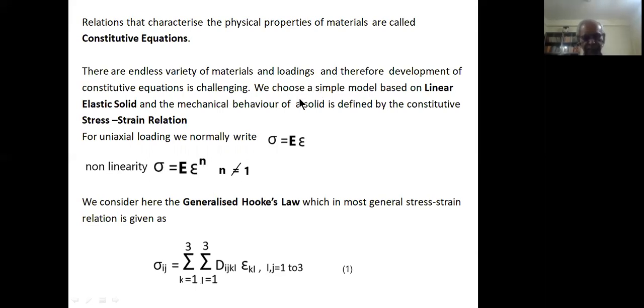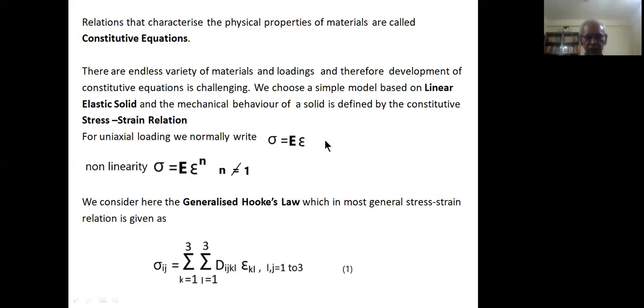To make it easy, in this course, or in many simpler analyses, we usually choose a model based on a linear elastic solid. The mechanical behavior of the solid is defined by the constitutive stress-strain relation. These are the important things in solid mechanics: the stress-strain relation and the linear elastic solid.